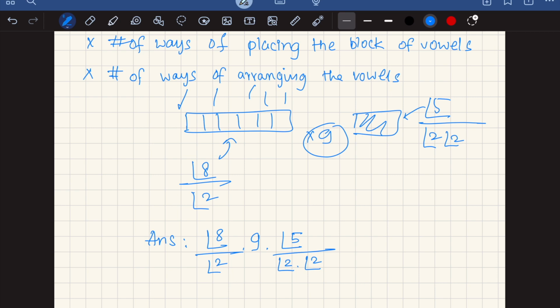Okay, so good. Let's move on to the next question. So this is something that you might have done this week, right? Have you done what is called binomial coefficients?